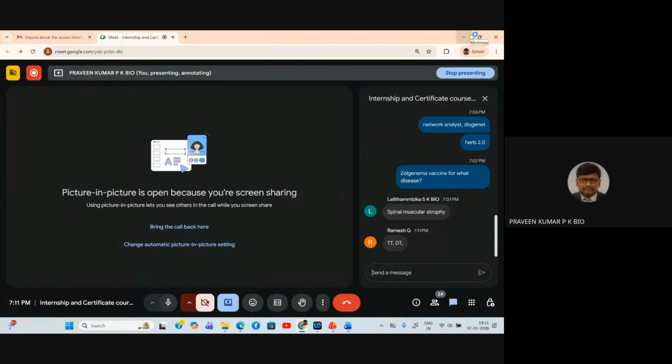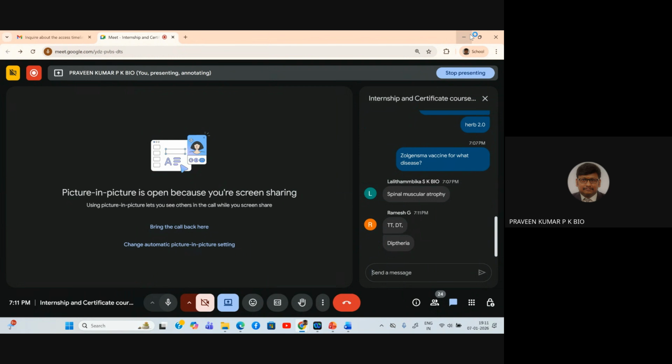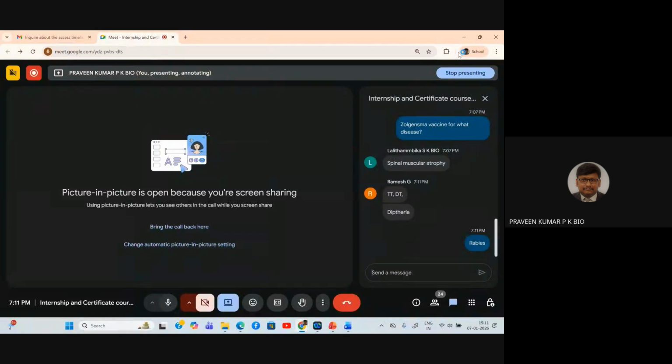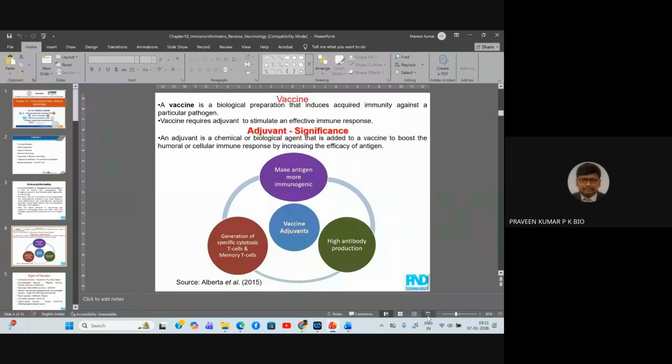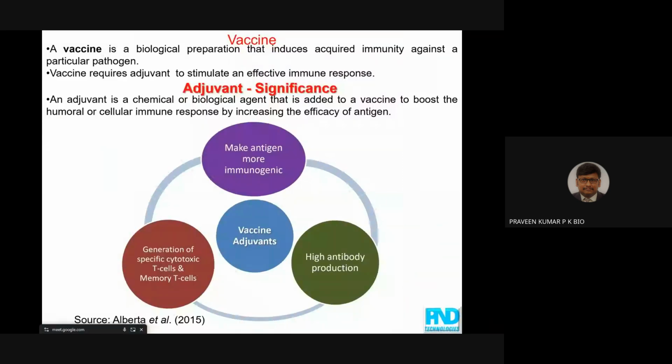The Pasteur Institute is present in many European countries. Very good: TT, DT, diphtheria. The most famous, which is circulated all over India, is the rabies vaccine. Even the vaccines you mentioned are there, but the rabies vaccine is the highlight of the Pasteur Institute of India, Coonoor. They are using alum as an adjuvant in the rabies vaccine.